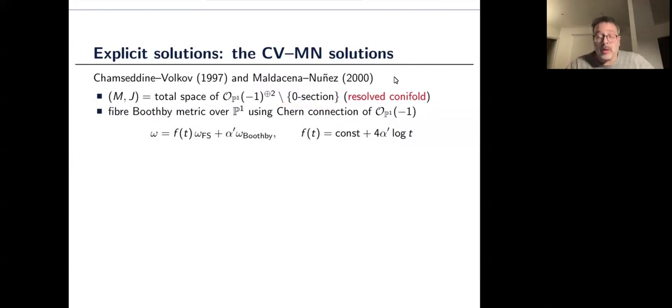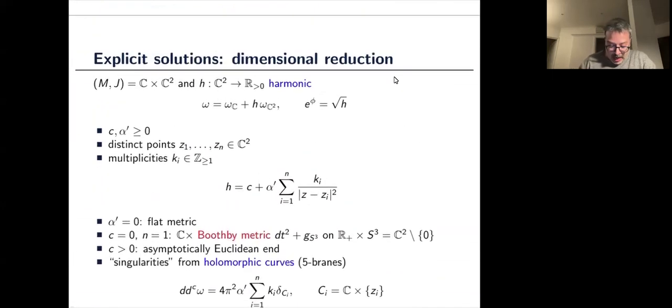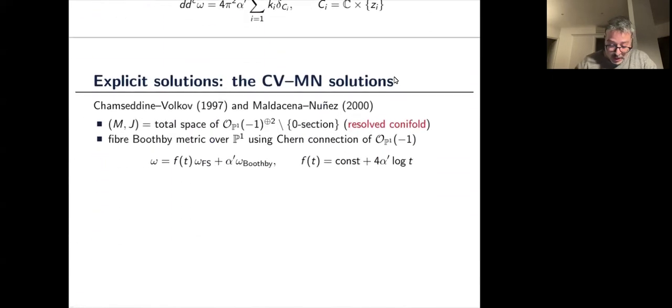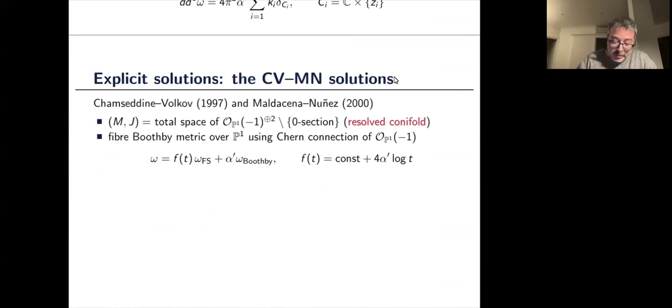And for example, one way of recovering this CVMN solution is trying to fiber our Boothby metric over P1. Right? So I have a C2 minus the origin fibration over P1.